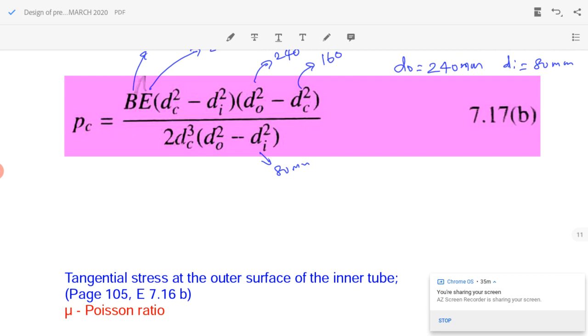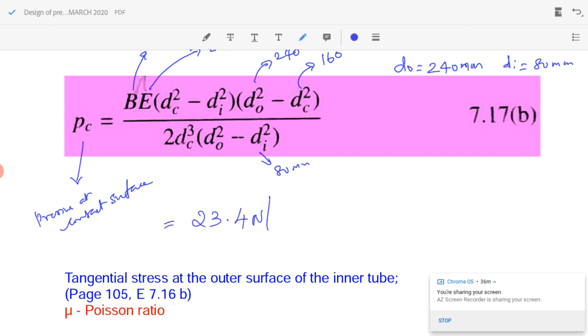Radial stress PC is the same as the pressure at the contact surface. Pressure at the contact surface equals radial stress. You will get that value equal to 23.4 Newton per millimeter square.